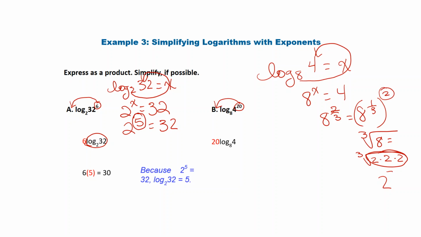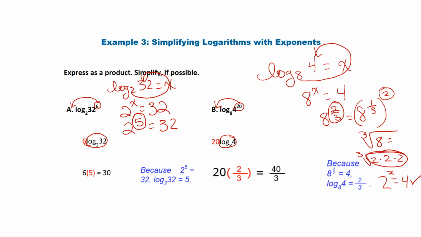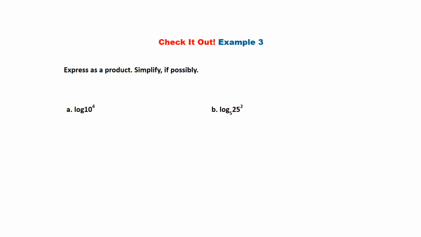Then I have to remember to square it, which equals 4. So yes, 8 to the 2/3 power equals 4. Remember, the exponent is the log, so I actually have 20 times 2/3, and that equals 40 over 3. Very long, but I don't think it's too hard.